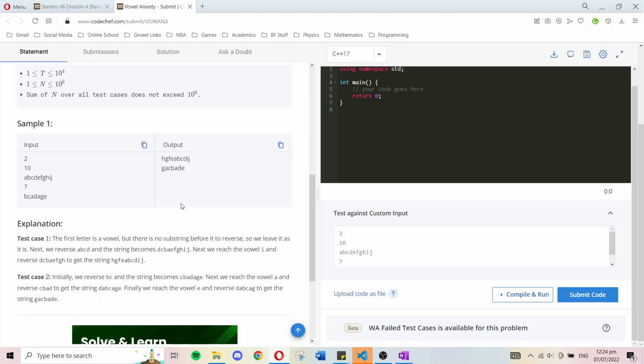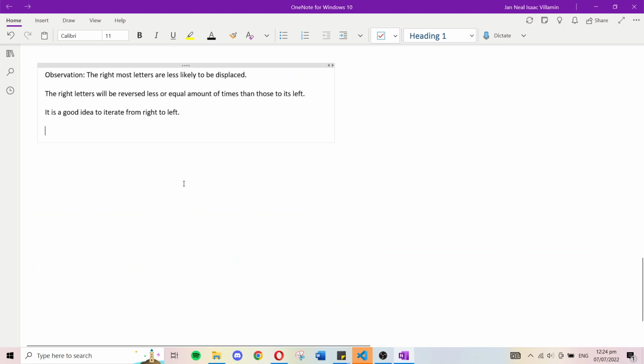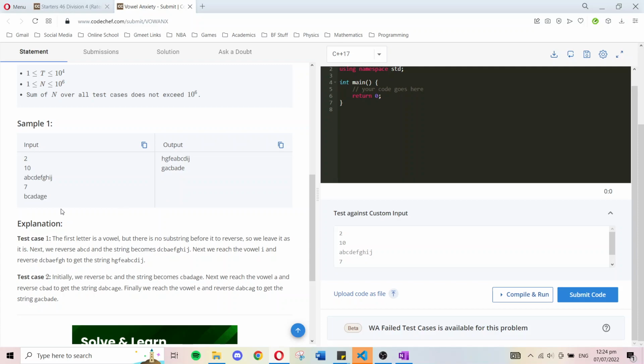So the realization is that if we iterate from right to left, the first such letters will be appended on the rightmost side. It's not going to be reversed.